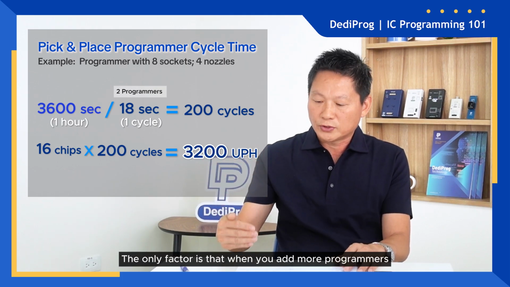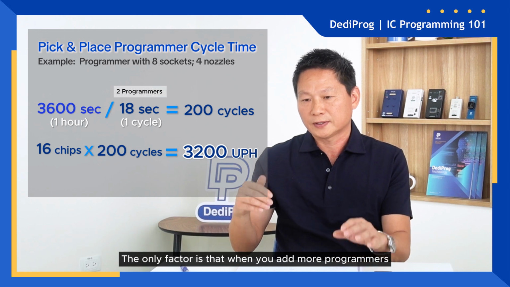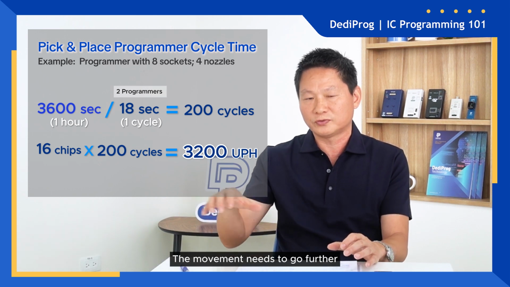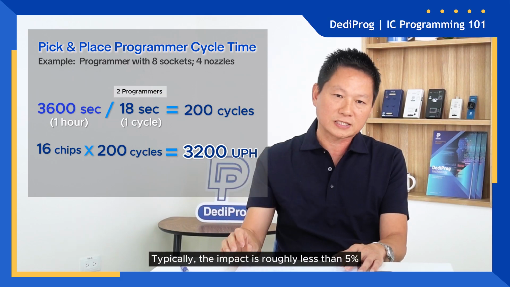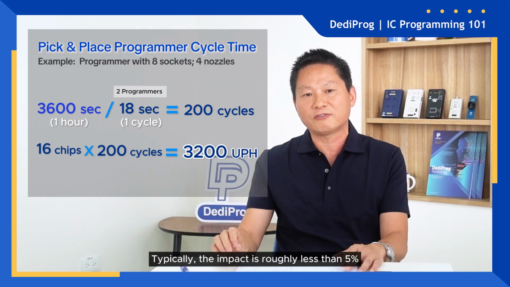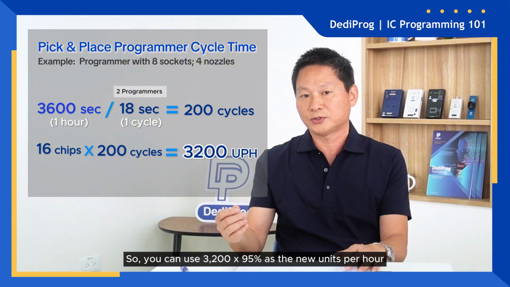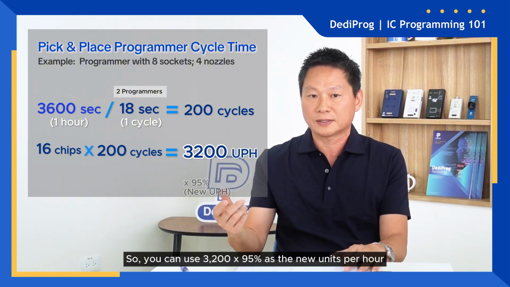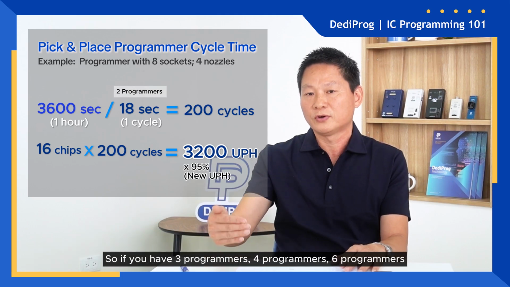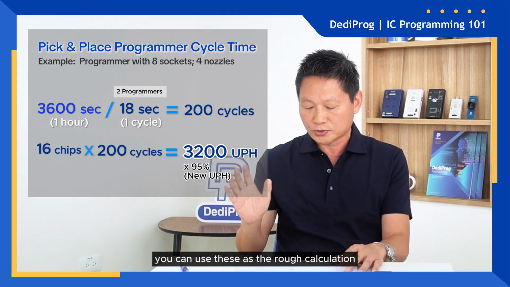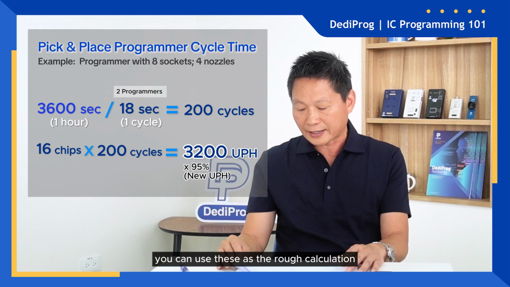The only factor is that when you add more programmers, the movement needs to go further. That impact is very minimal, typically less than roughly 5%. So you can use 3,200 times 95% as the new unit per hour. If you have 3, 4 or 6 programmers, you can use this as the rough calculation.